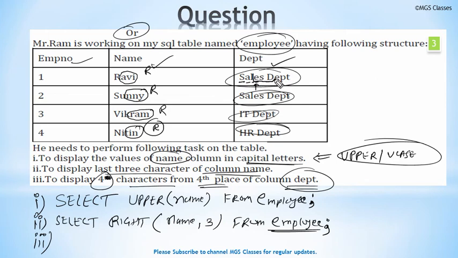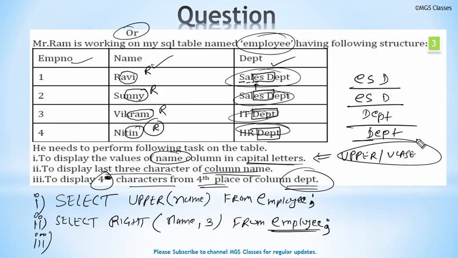So for the department values it will display esd, and then esd again, and then dept, and then dept, because he wants you to write down the SQL query that will display the 4 characters from the 4th place of the column.